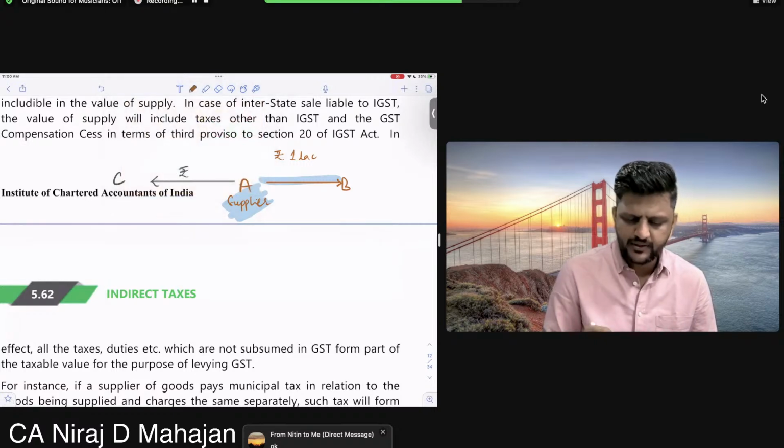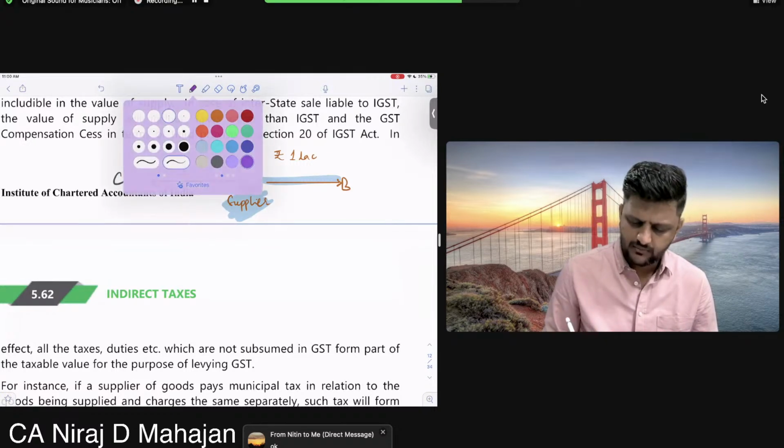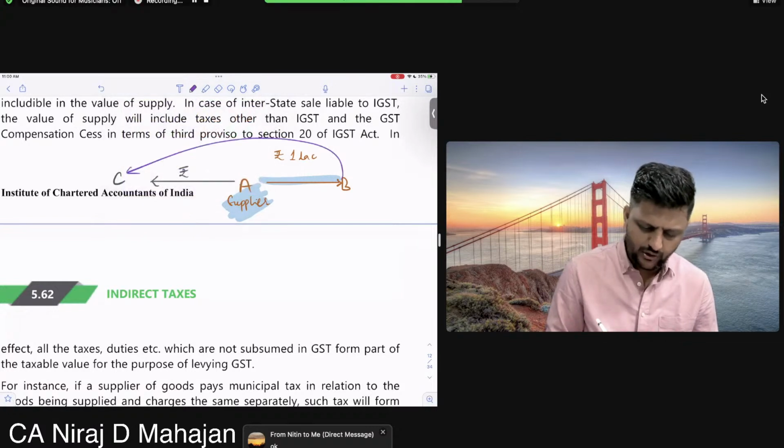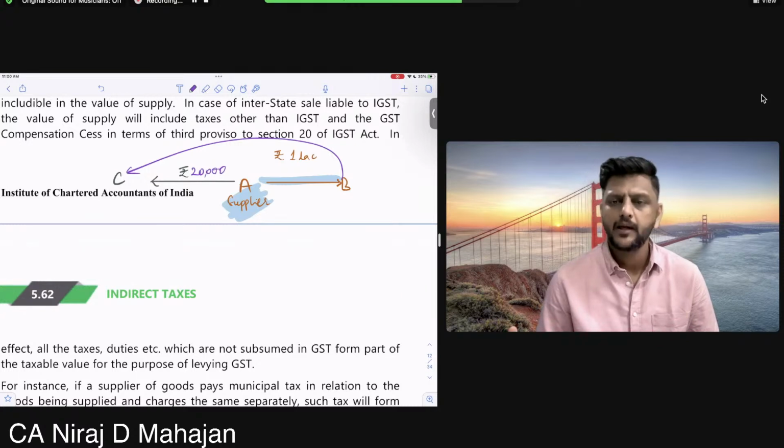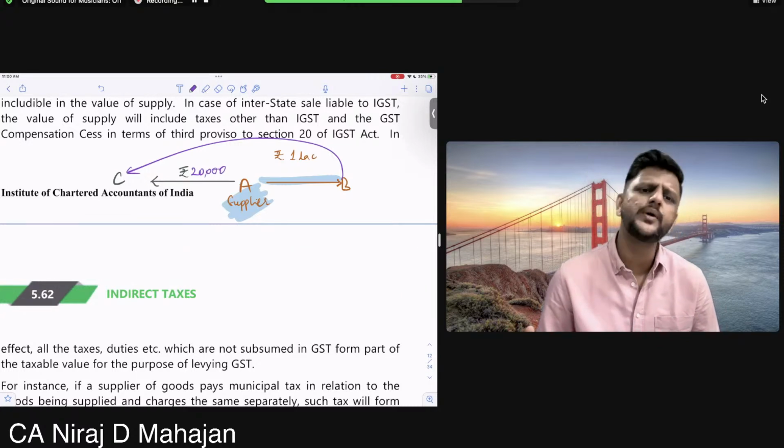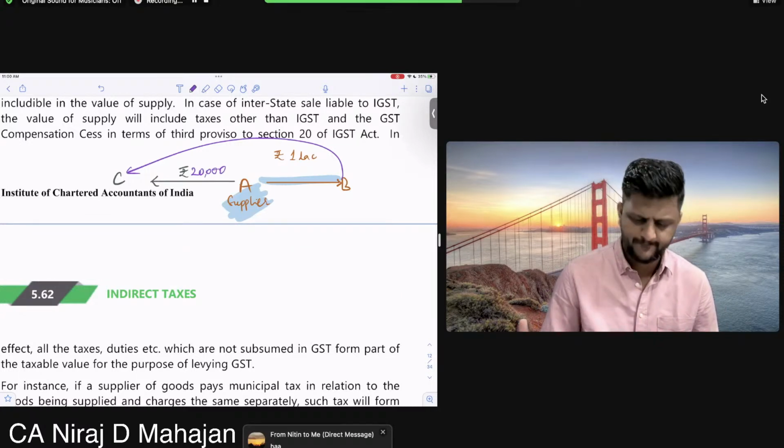So if some payment is done by B to C, let us say of 20,000, is it okay, everybody? So here what can happen? In this case, A may raise an invoice of only 80,000. Why?